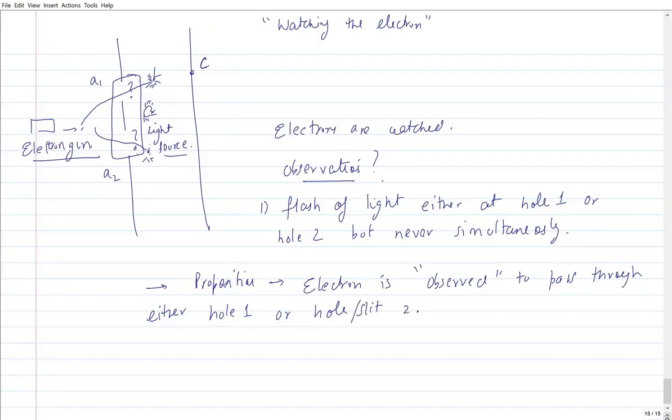When I do the experiment, this is indeed correct. So my proposition, let me call it proposition B, seems to be true experimentally. That's indeed what happens when I do experiments.